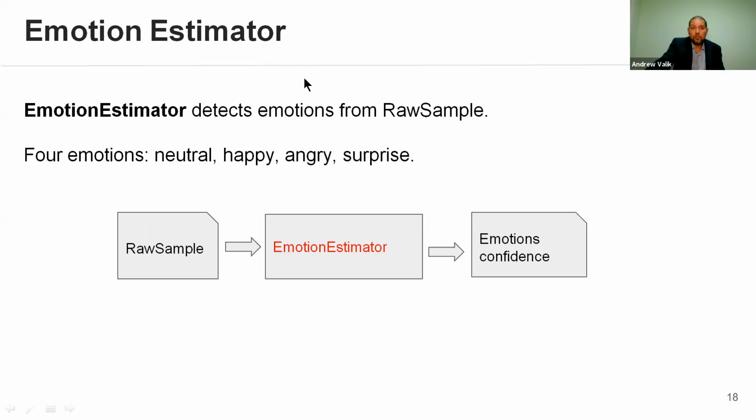Next, the emotion estimator, and the same: it can be used for face analytics too. We provide 4 emotions: neutral, happy, angry, surprise. We recommend not using absolute emotion, but using it to analyze how emotion changes, because it's more real information than absolute emotions.